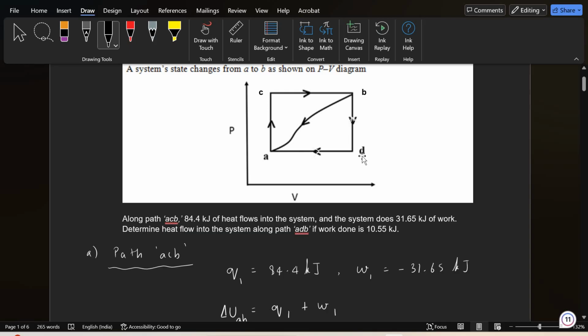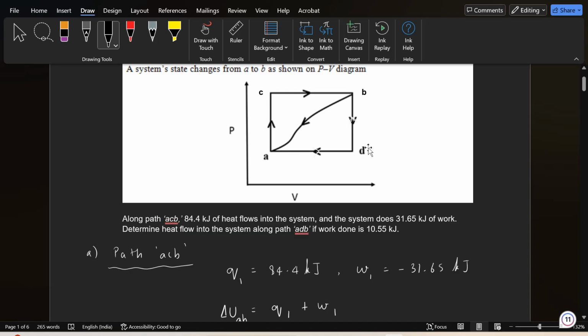So now, internal energy at point D is 42.2, and at B it is 52.75, all right? Between B and D, what path is this? Can you tell me something based on the PV graph? See the path. What is not changing between B and D?